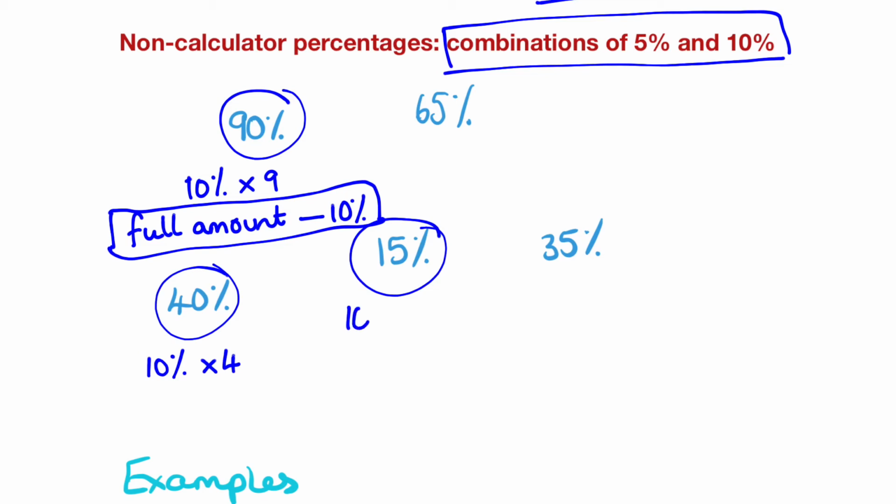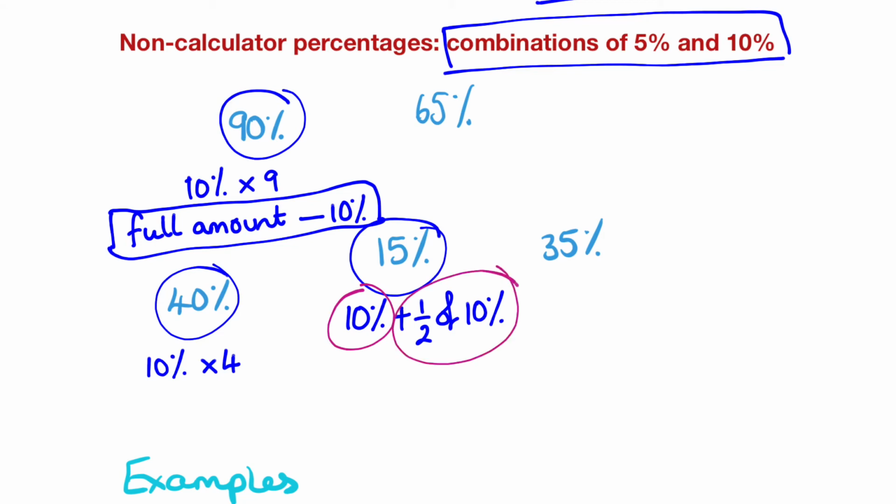Well, if we get 10%, we need to add another 5% on, don't we, to get 15%. So 5%, remember, is half of 10%. So we could do 10%, which is nice and easy, and then add a half of 10%. And that would give us 15%, because we'd get 10% here and 5% there.